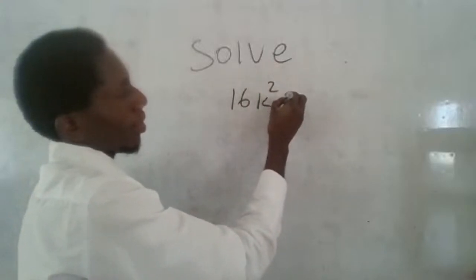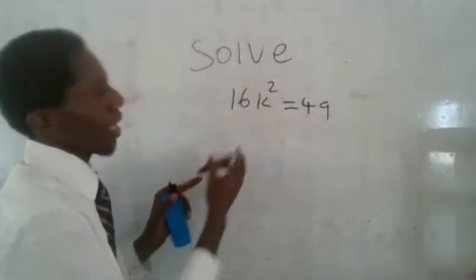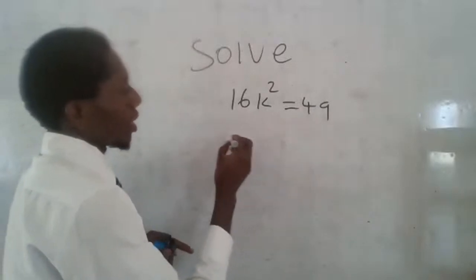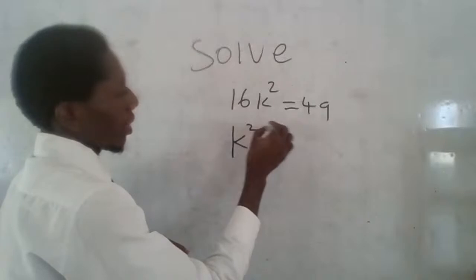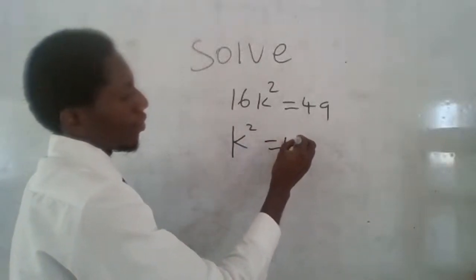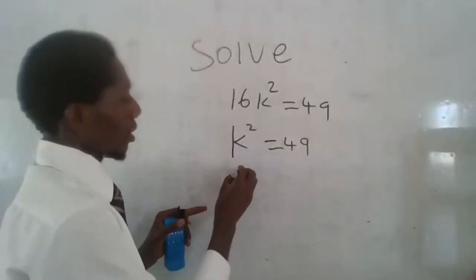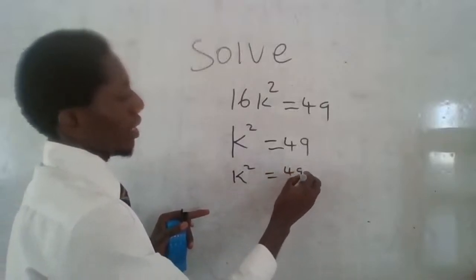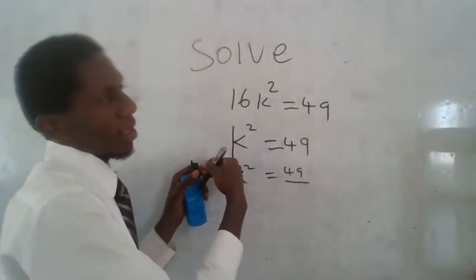If you have 16k squared to be equals to 49, now how would you solve this one? Now remember the first example we did, you can take out k squared. So now you can do k squared is equals to 49 divided by 16.